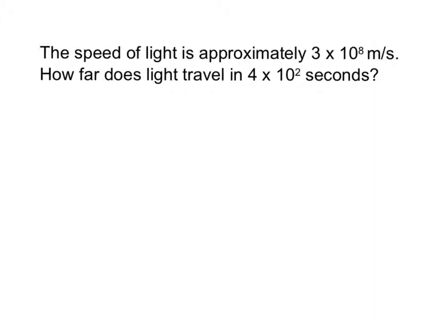Think about it with easier numbers. So here, the speed of light is approximately 3 times 10 to the 8th meters per second. How far does it travel in 4 times 10 squared seconds? So if you just ignored this part and think, okay, I can do this. This is about how far, speed, distance equals rate times time. I've done many of these.